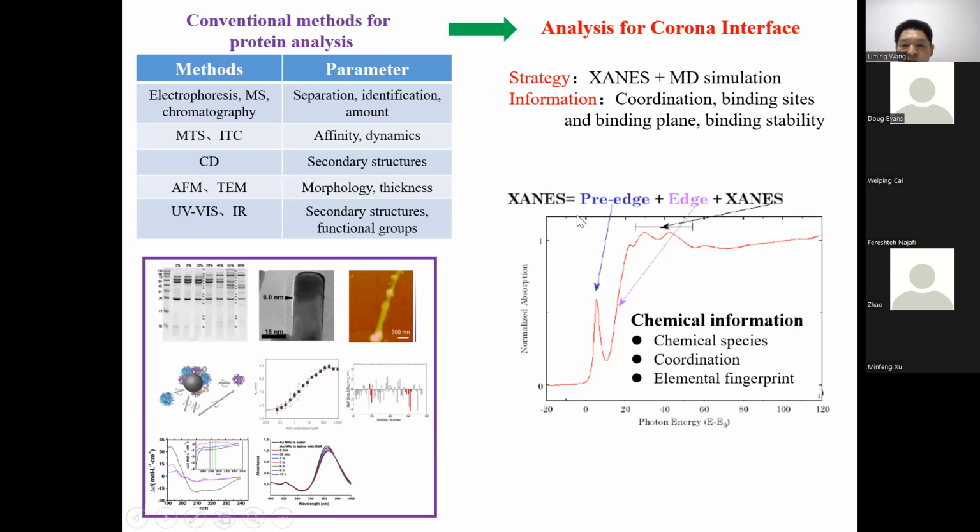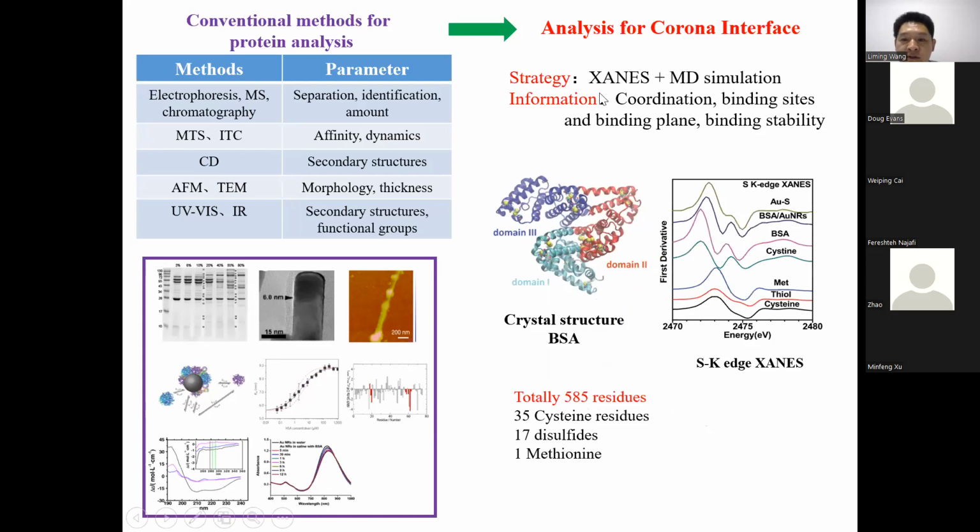This method can detect the chemical information of the elements. It can detect the chemical speciation and chemical coordination of the elements. It can also serve as the element fingerprint. So based on this advantage, we can use this method to detect different chemical forms of sulfur inside albumin.